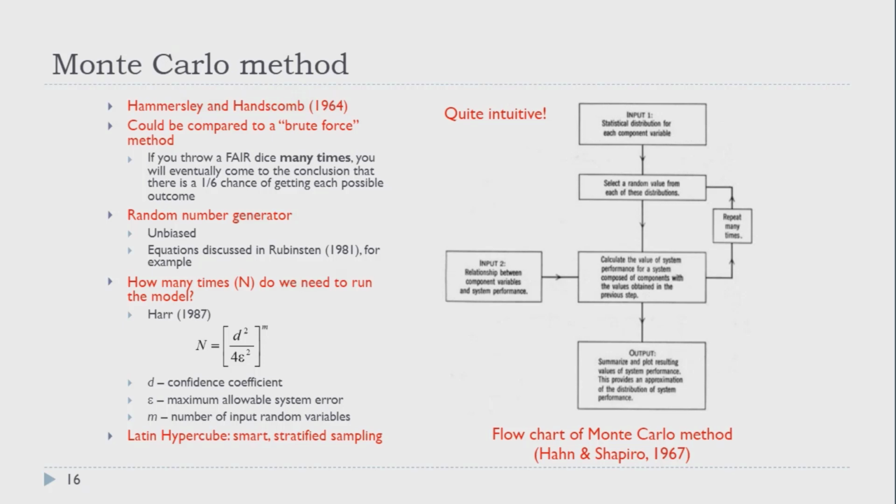By the way, there is one particular approach called Latin hypercube, which is like Monte Carlo, but smarter in that it does what we call stratified sampling. So it requires a lower number of evaluations of the factor of safety with equally good results. So it's a smarter Monte Carlo.